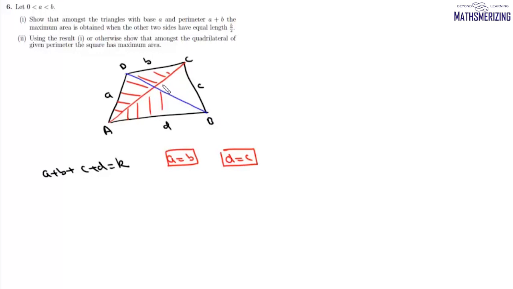Then again this area BDC will be maximum when BC equals CD, and this area will be maximum when AB equals DA. That means we'll have the maximum area when all four sides are the same, that is when AB equals BC equals CD equals DA. That means we have a rhombus.